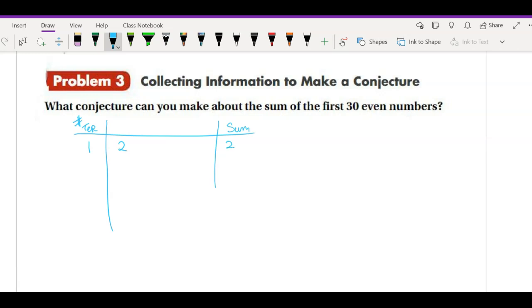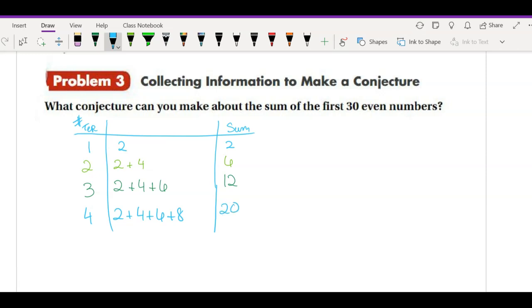So 2 plus nothing gives me 2. 2 terms is going to be 2 plus 4, so that gives me 6. 3 terms is 2 plus 4 plus 6, which gives me 12. 4 terms is 2 plus 4 plus 6 plus 8, which gives me 20.